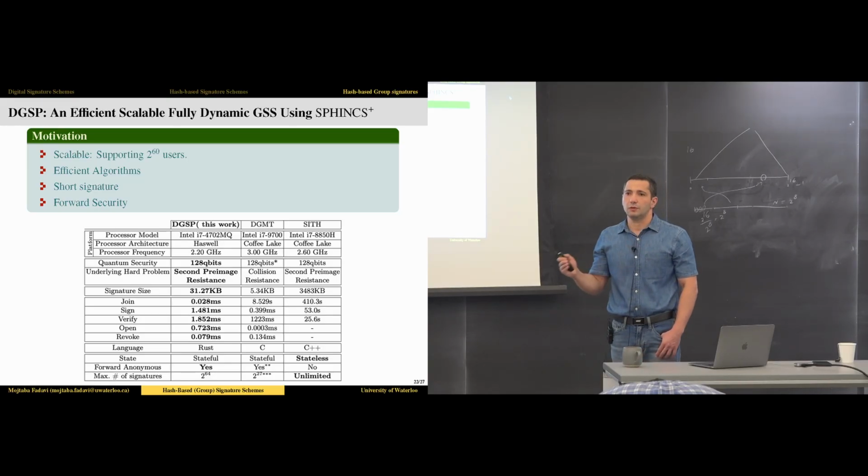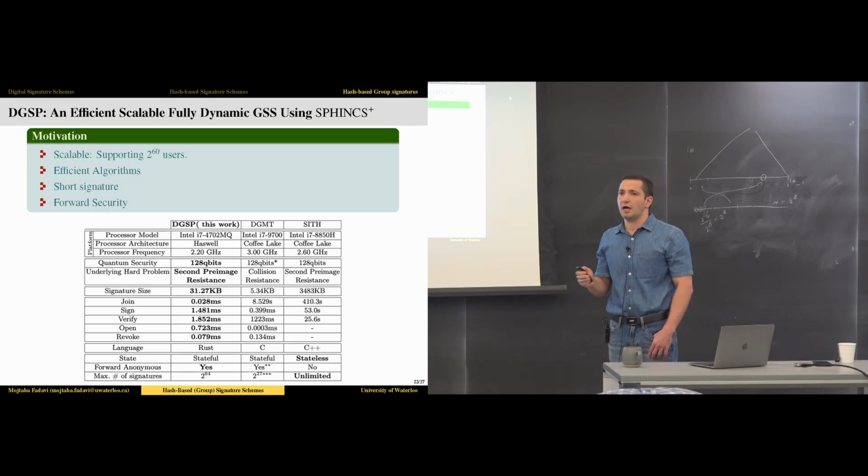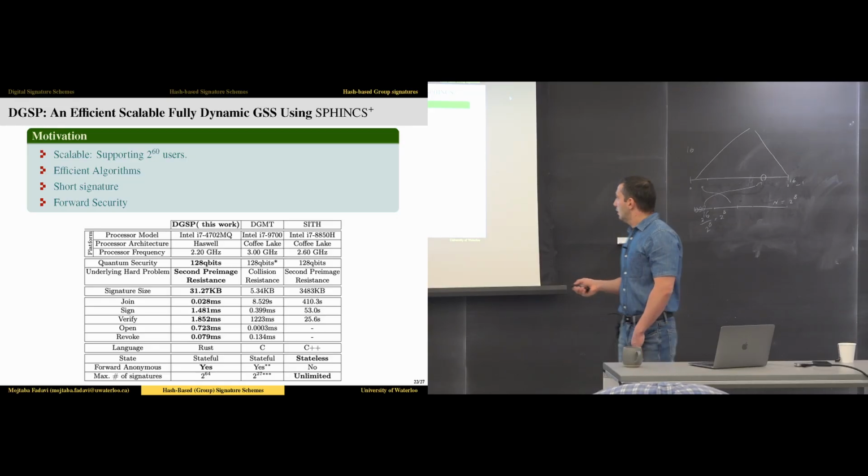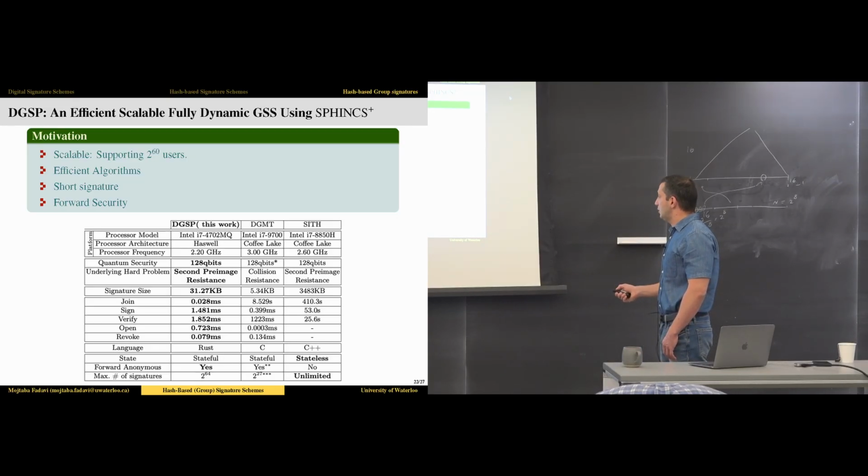We can allow the adversary to corrupt users after signing. In DGMT, we haven't this property, but we have it here. It can be modified to satisfy it, but we didn't mention it.